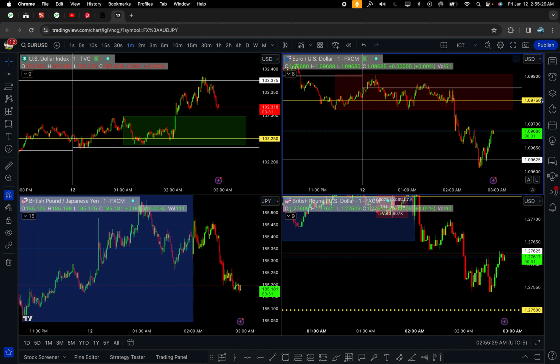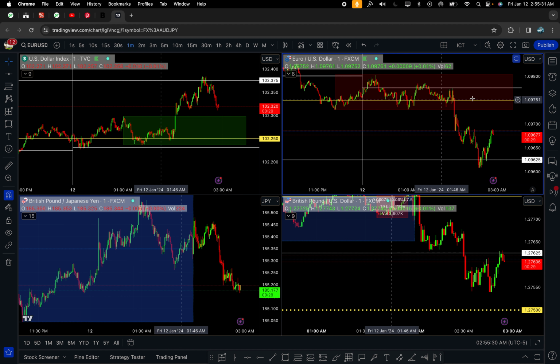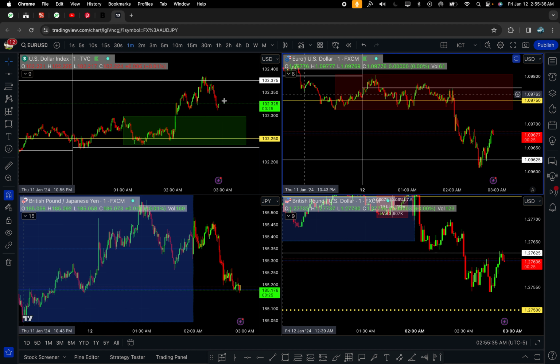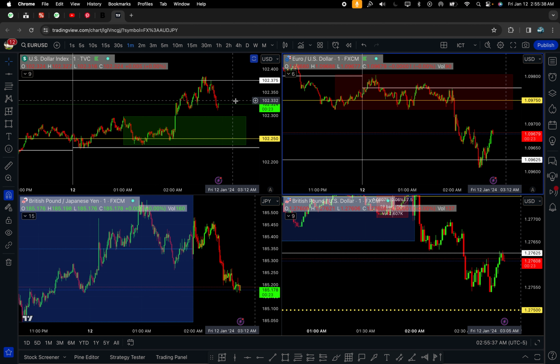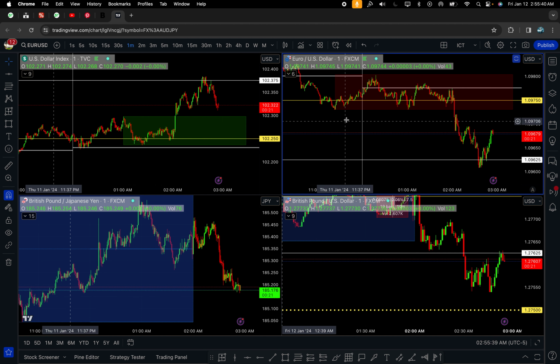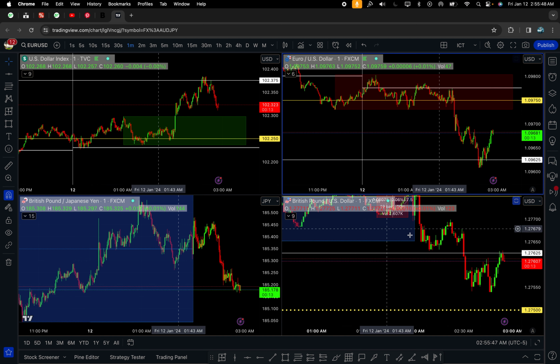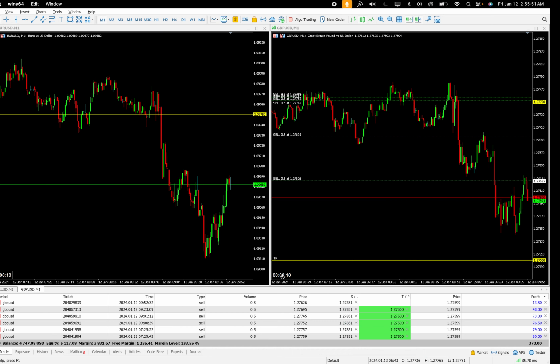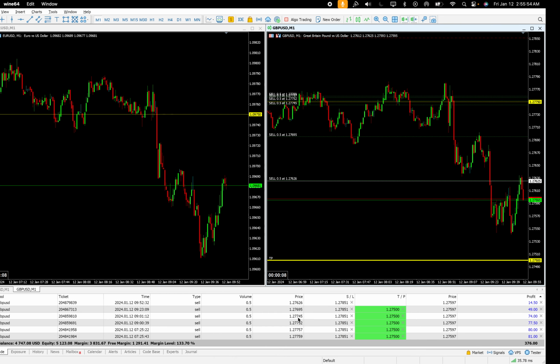So see how that key level is in the middle of that range, or inside that range. And I never drew this range.